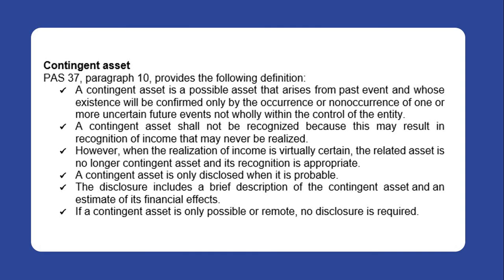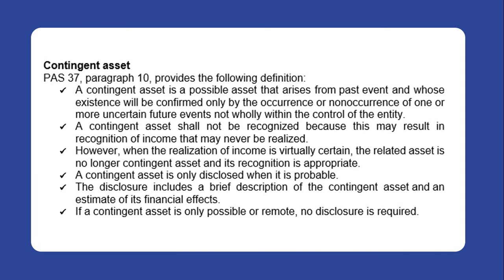In that principle, it says that possible income, or income that has no certainty of being realized in the future, should not be recognized as income or asset. A contingent asset is a possible asset and therefore should not be recognized because this may result in recognition of income that may never be realized.